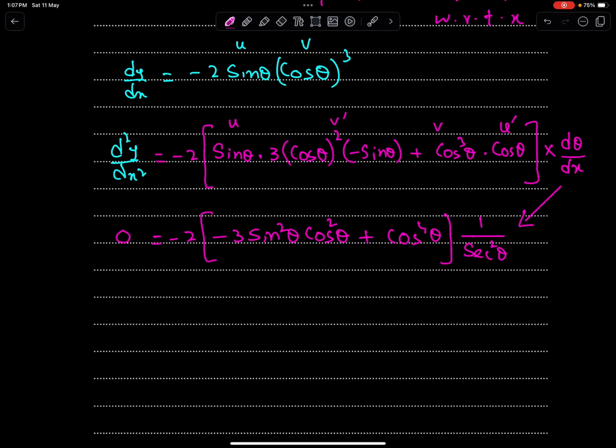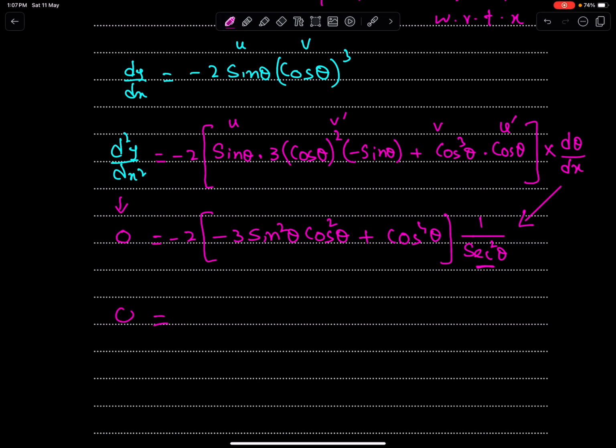Now equate the second derivative to 0, because we need the x coordinate of a stationary point of dy upon dx. We can cross multiply this and minus 2 as well, so everything will become 0 on the left side.